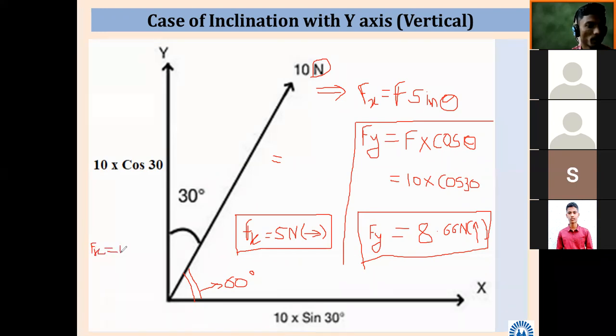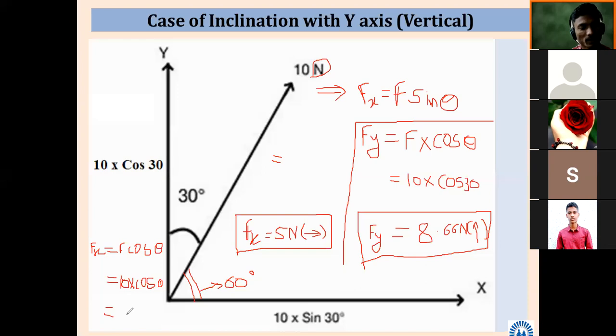Fx is equal to F cos theta आला असता. मग इथं अँगल किती आहे? 60. 10 into cos 60 करून बघा किती होतं. 1/2. 5. म्हणजे ओव्हरऑल फायनल फोर्स 5 न्यूटन. म्हणजे आन्सर आपलं 5 न्यूटनच राहिलं असतं. इथं आलंय का 5 न्यूटन? Yes, sir. Which is same as like this.